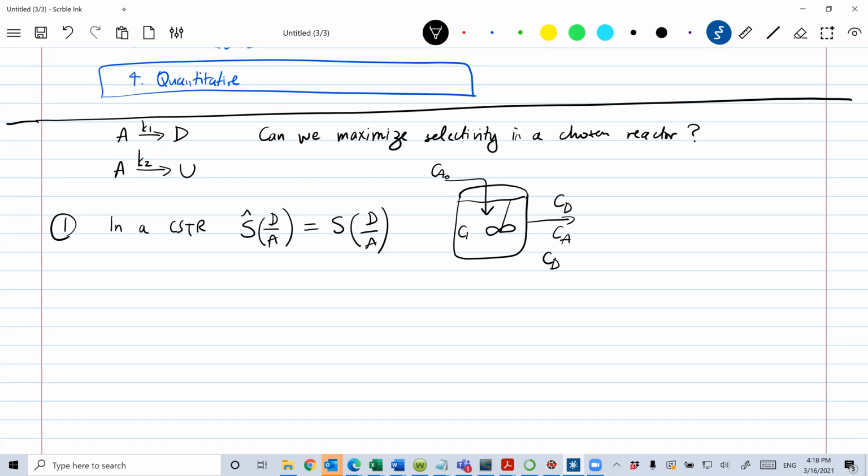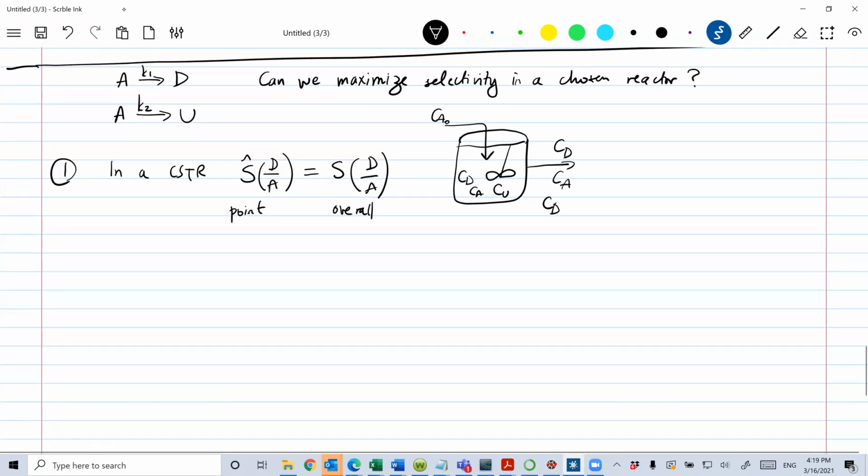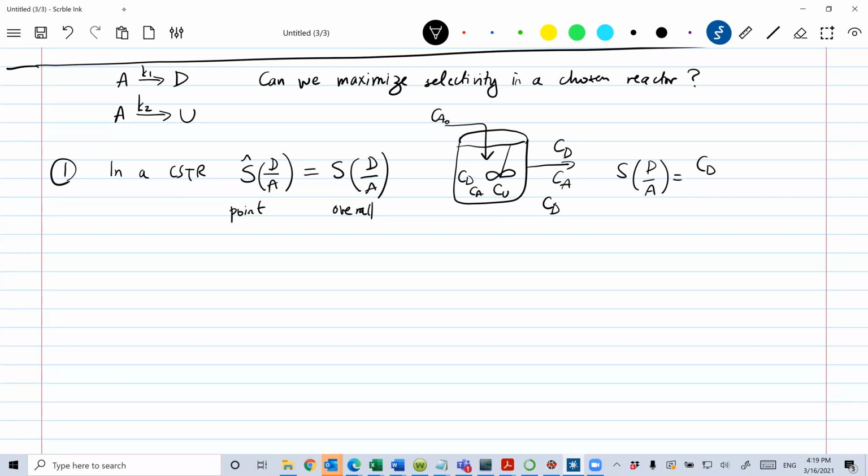This is the same as what's inside. So that means the selectivity at any point, instantaneous, is the same as the overall. So instantaneous equals overall. I'm just going to call it point so I can write it. It's the same thing. Point equals overall in a CSTR, okay? And if you remember, S of D over A is going to be CD minus CD naught over CA naught minus CA. Okay, that's what the overall selectivity is.